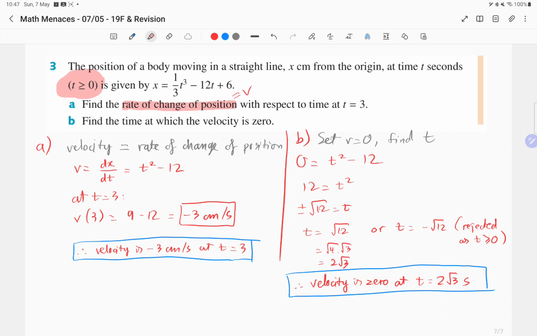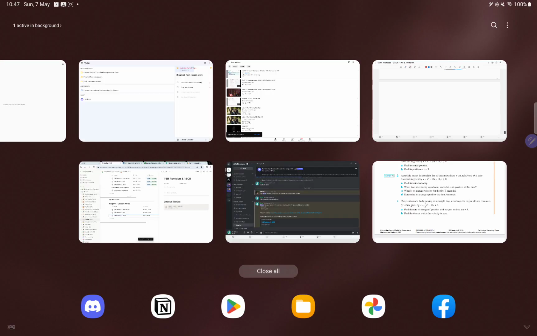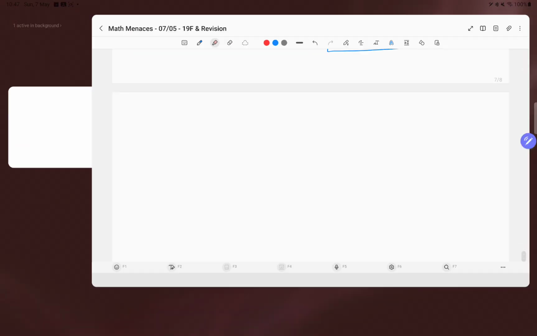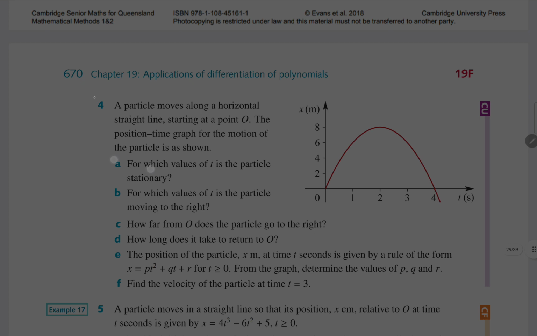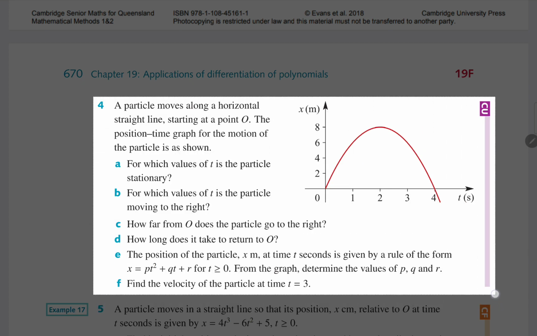Okay, if you're done, move on to, this is going to be interesting. Let's try question 4. It's a complex, unfamiliar question. There is no equation. So question 4 is essentially asking you to interpret this based on your understanding of all the concepts that we've gone through so far.